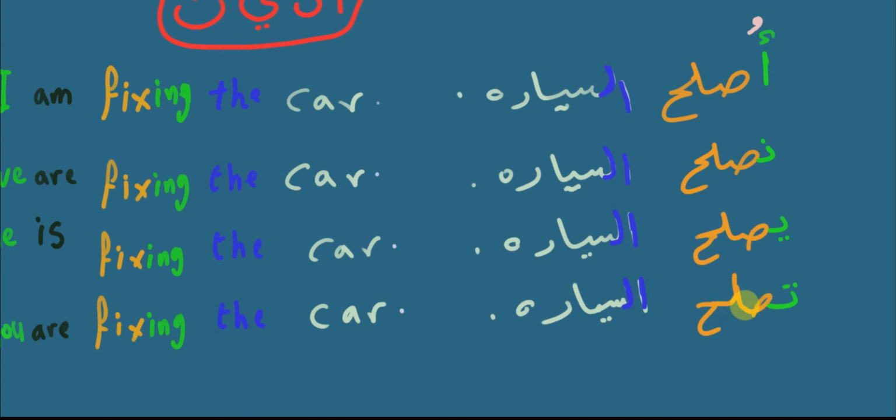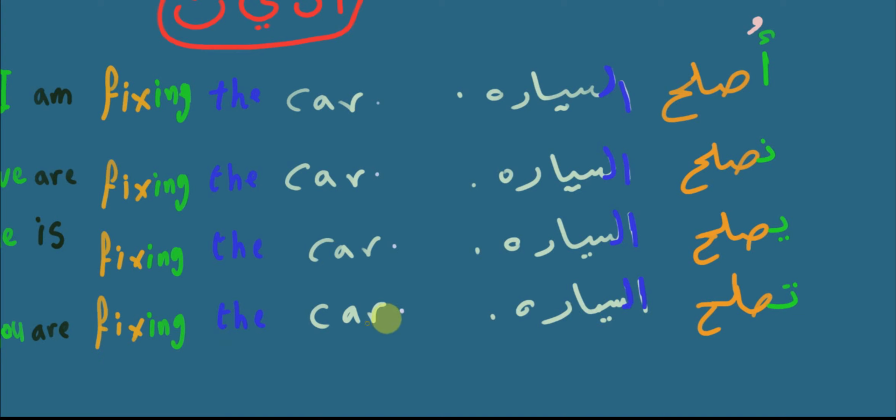So تصلح هي السيارة. When you say هي, this removes the confusion or the mix. But when you're talking to someone, you say تصلح السيارة, he will understand it's directed at him, for the second person singular masculine.